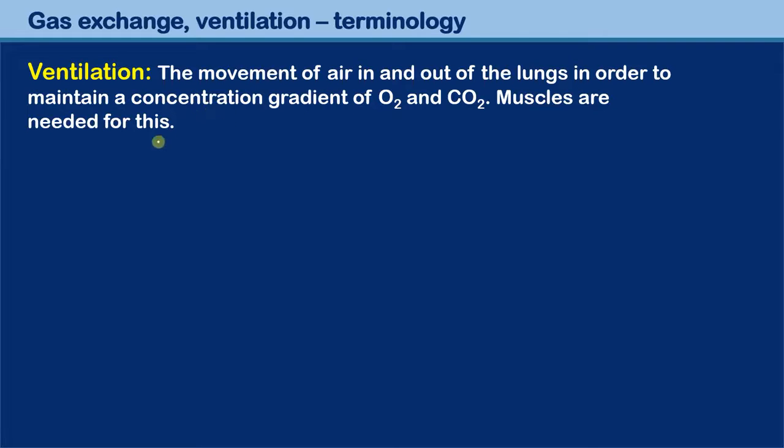But there are two subterms here that are important to know. It's called inhaling, that is breathing in, and exhaling, which is breathing out, and collectively you refer to as ventilation.